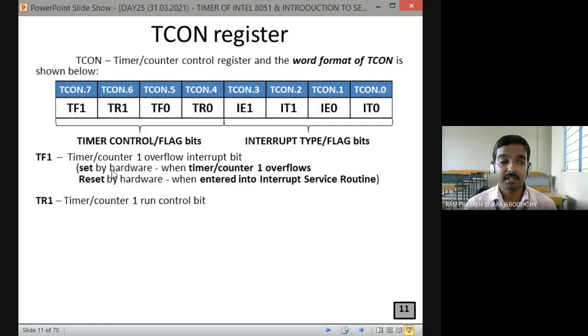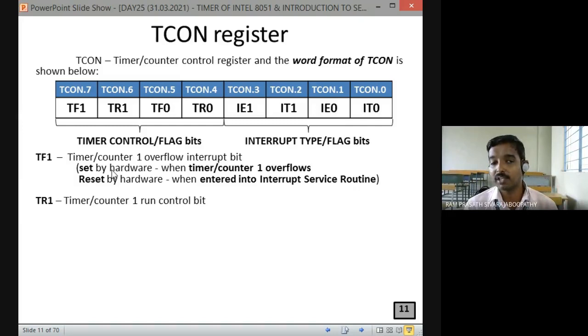Then TR1, timer run control bit. Fine. Timer run control bit. What does it mean? In software, through the program, if you want to enable the timer operation or disable the timer operation, you can use this bit. This is TRx again. TRx means what? TR1, TR0. Fine.